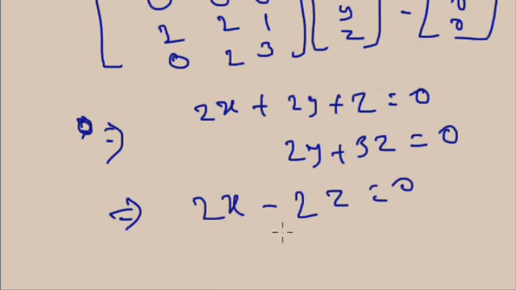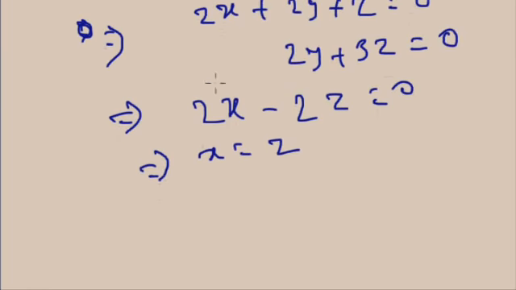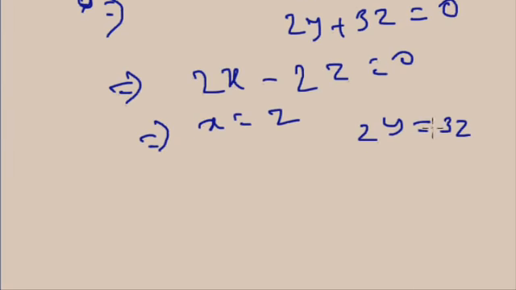This means x is equal to z. This is the first condition. Then for y, 2y is equal to minus 3z.